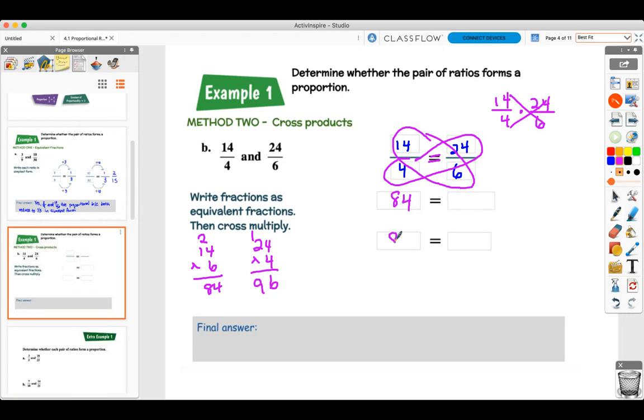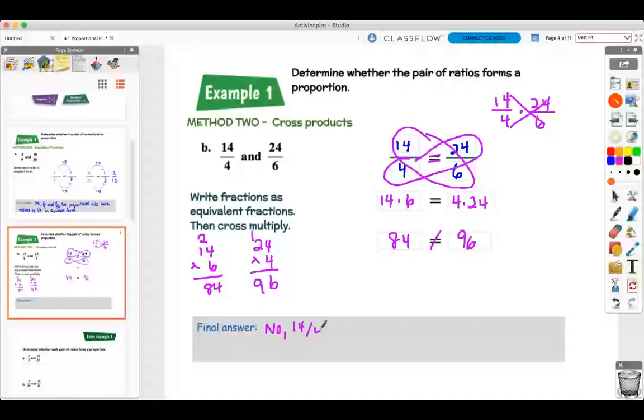So this should actually be 84 and 96. What you're writing here is 14 times 6 and 4 times 24. Doesn't matter which way you write it; you could write 6 times 14 and 24 times 4. They're both fine. These are not equal. 84 does not equal 96, so the final answer is no.